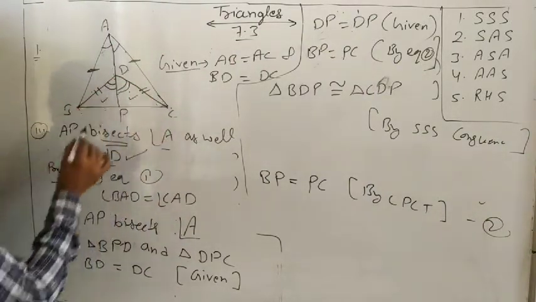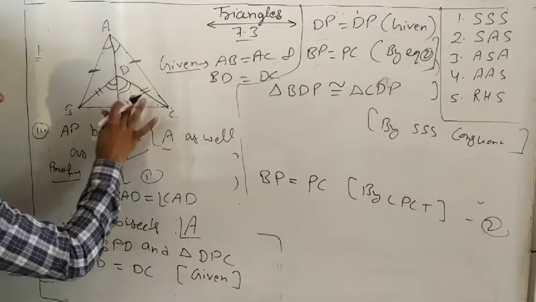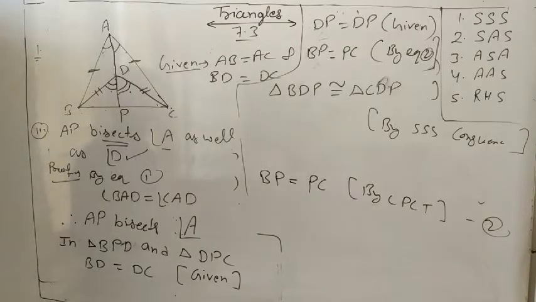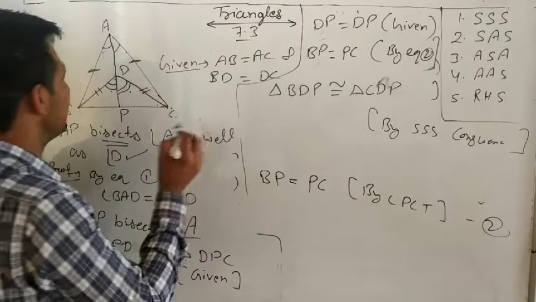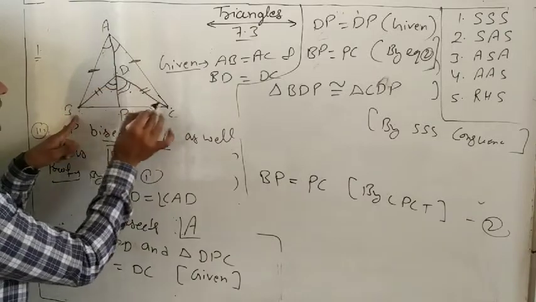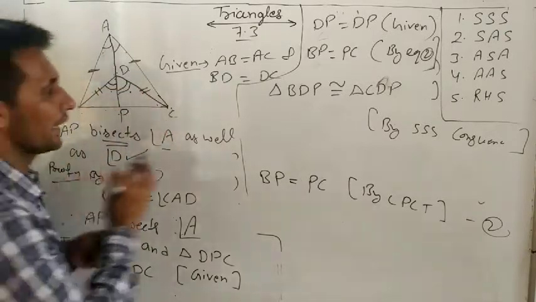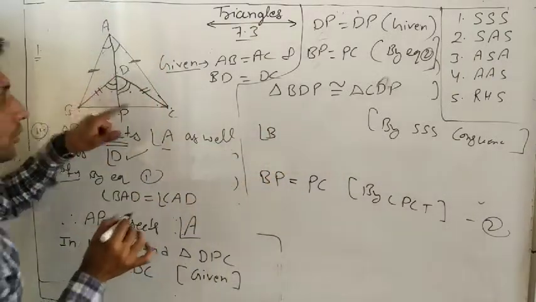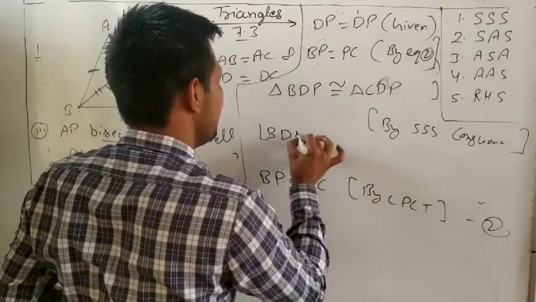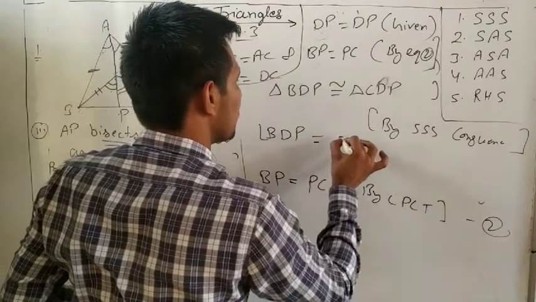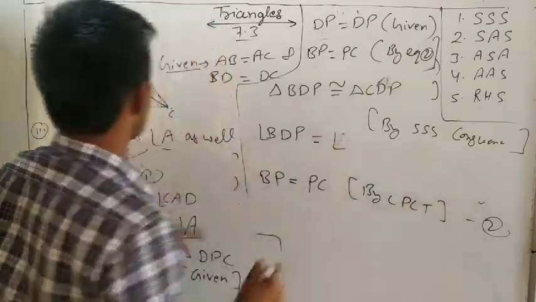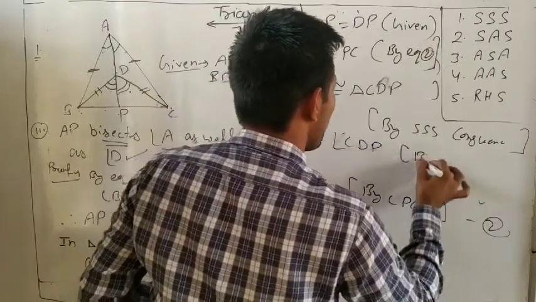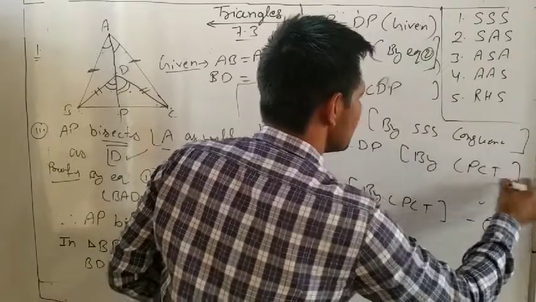And if these two triangles BDP and CDP are congruent, it means this angle and this angle are equal, by corresponding parts. We want to prove angle D, so in the middle, angle BDP equal to angle CDP, always use the angle sign, by CPCT.